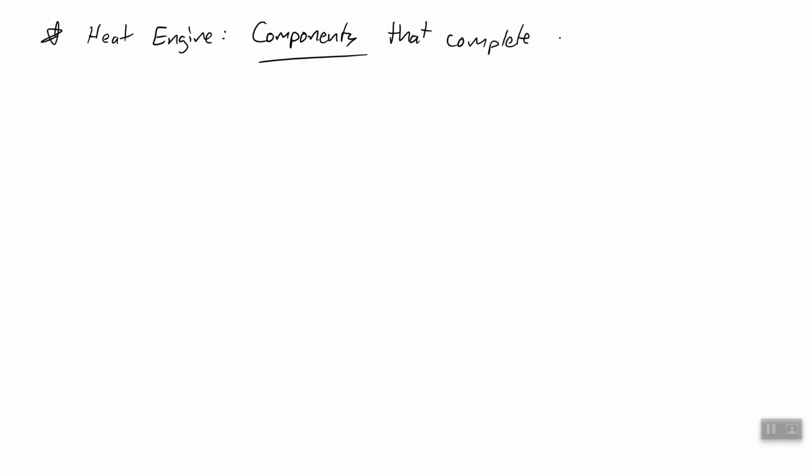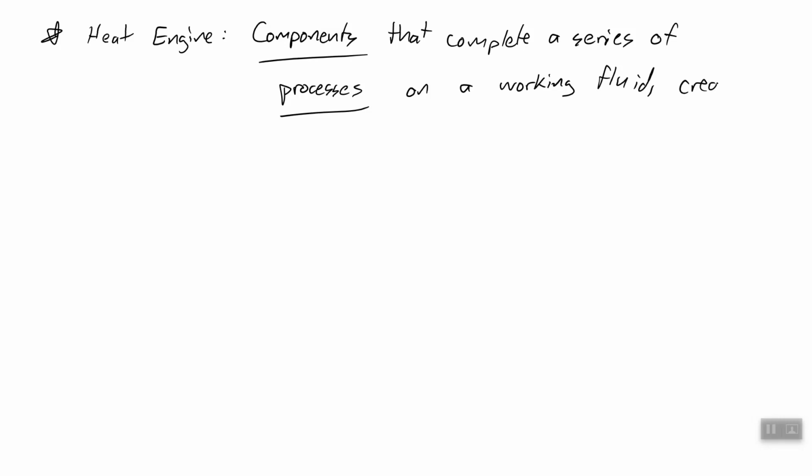Okay, so a heat engine, oops. So far I've just drawn it as a circle. That's pretty ambiguous. So what is it really? Well, a heat engine consists of components, all right? And these components complete a series of processes on what we usually call a working fluid.